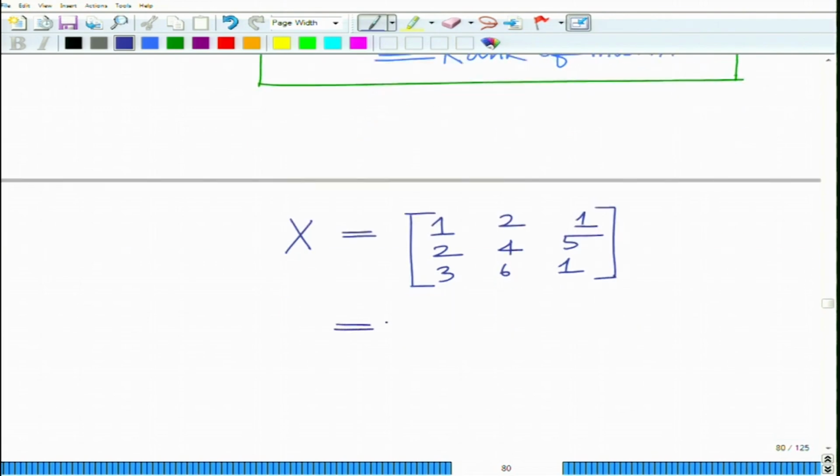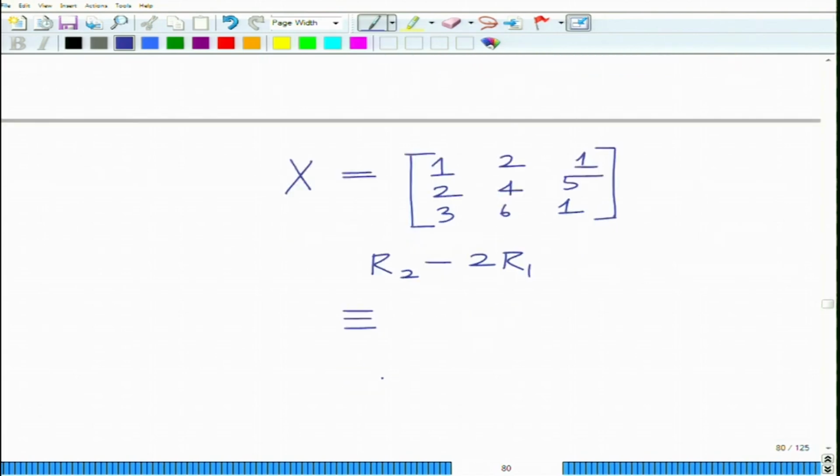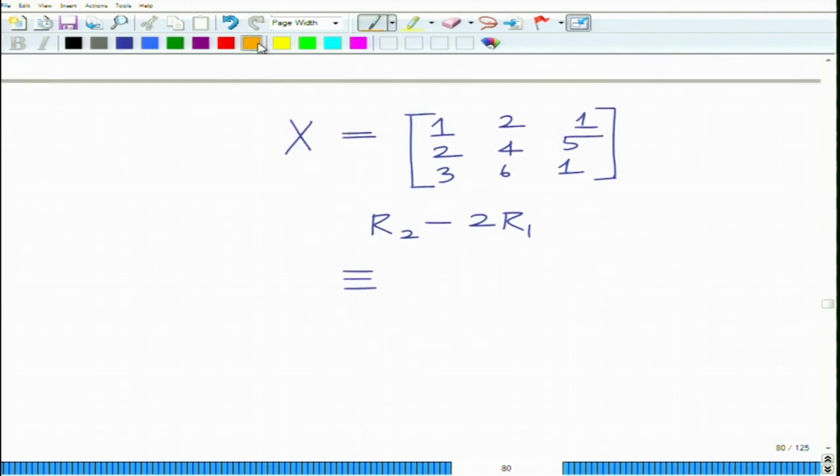Now perform R2 minus 2 R1, and that will give you the matrix 1 2 1, 0 0 3, 3 6 1. So, you have this as your pivot.